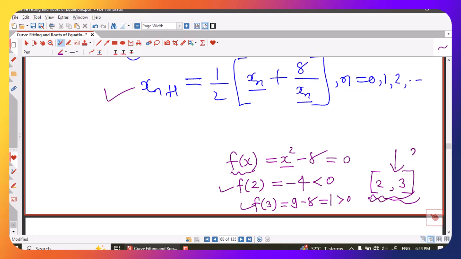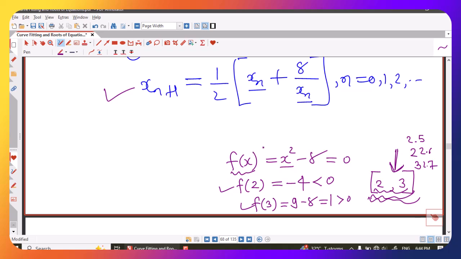If we wish, we can take x0 equal to 2 or 3. If we wish, we can take 2.5, 2.6, 2.7. Any value between 2 and 3 can be taken as initial guess. So this will guarantee that we are near to the actual root.